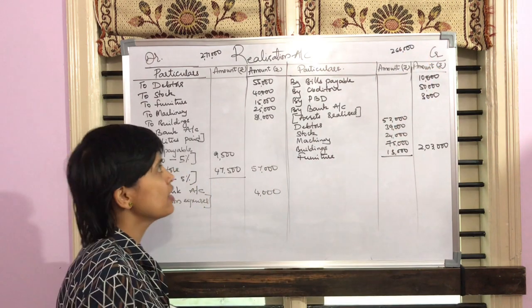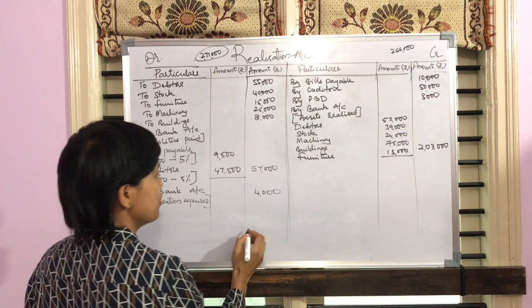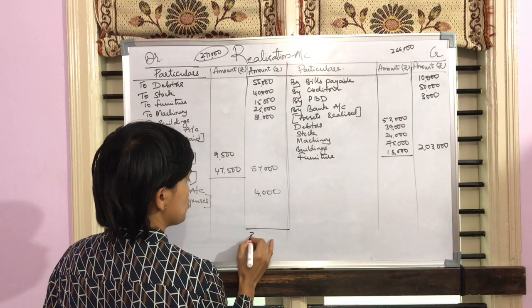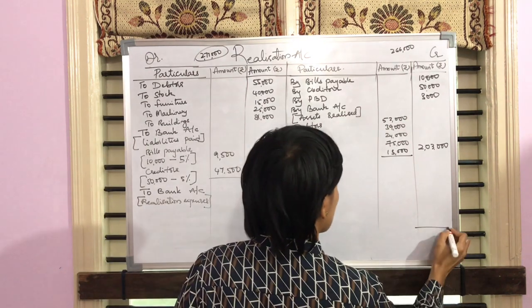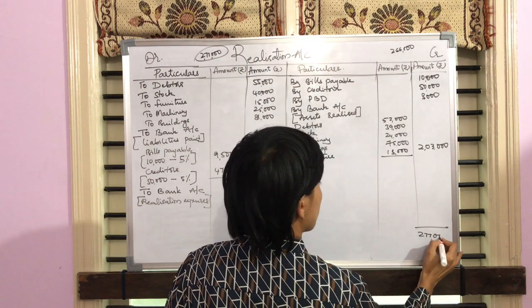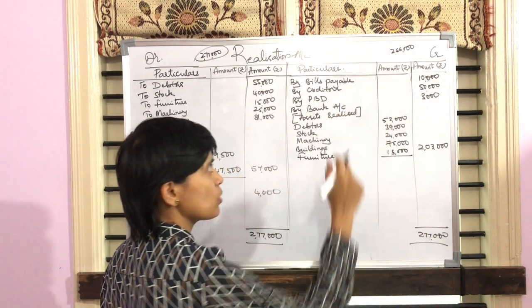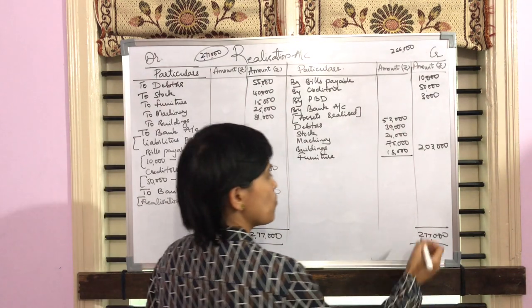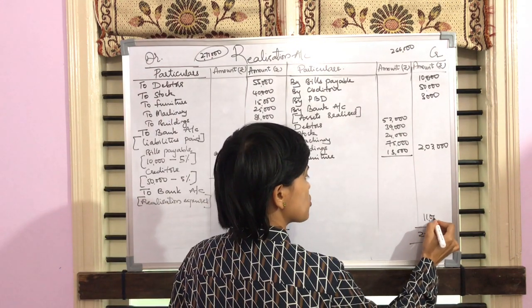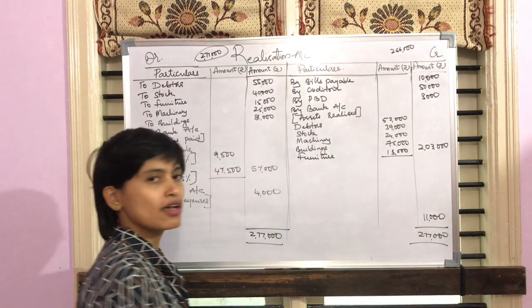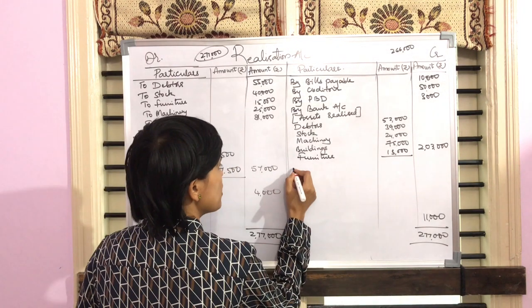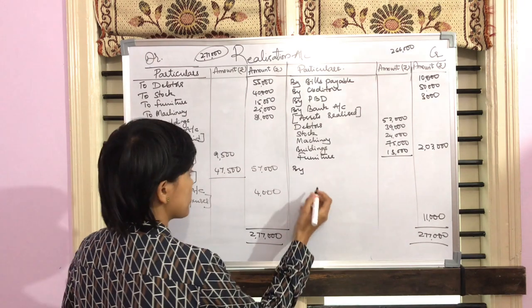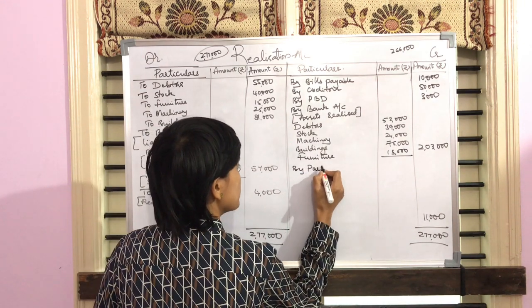So let's write the highest amount on both the sides. 2,77,000 minus 2,66,000, we are going to get realization loss rupees 11,000. Distribute this between Suvarna and Sunanda in their profit sharing ratio.